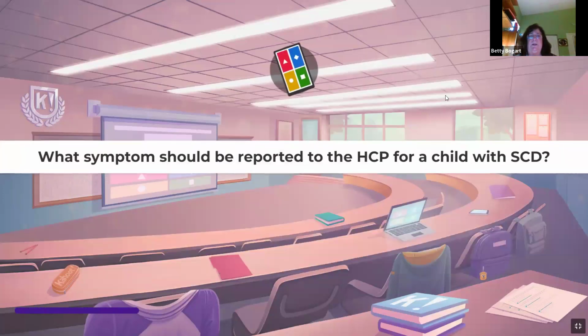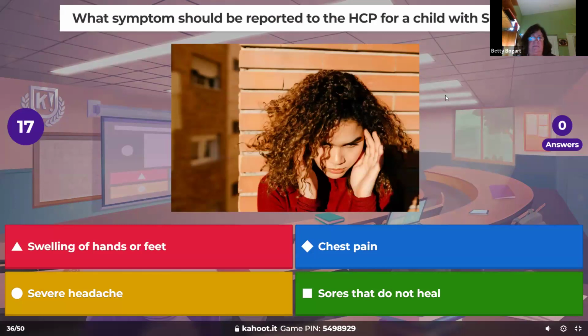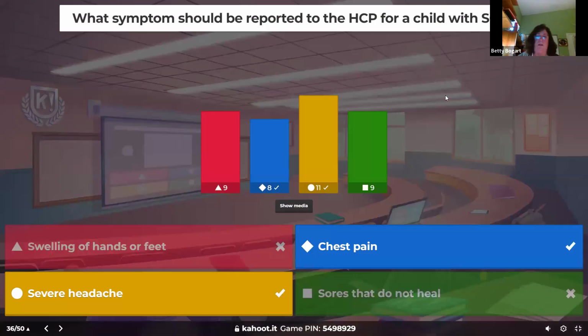Multi. What symptoms should be reported to the healthcare provider for a child with sickle cell disease? So chest pressure, is it chest or is it sickle?